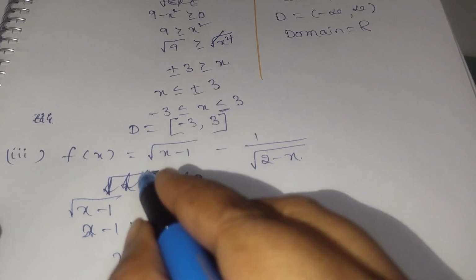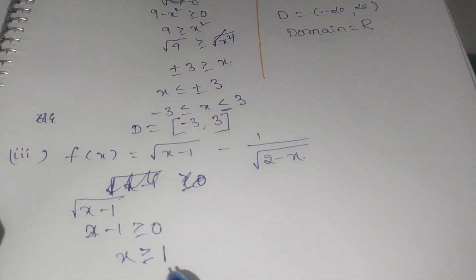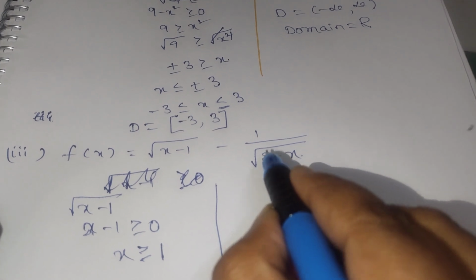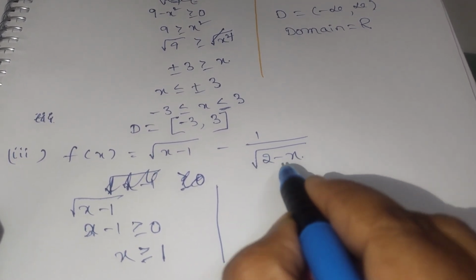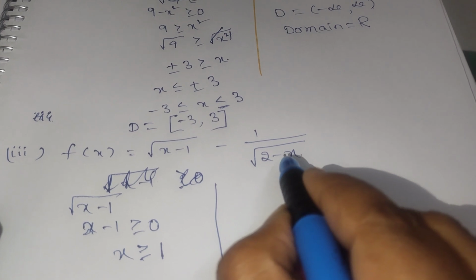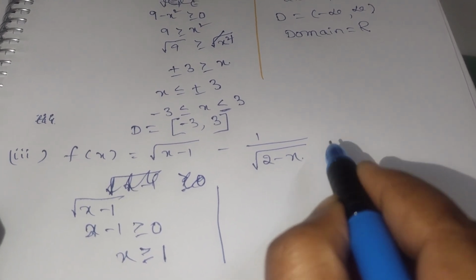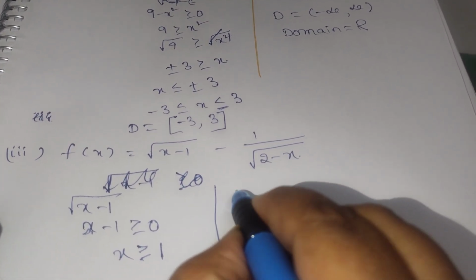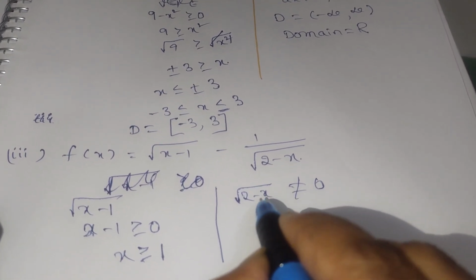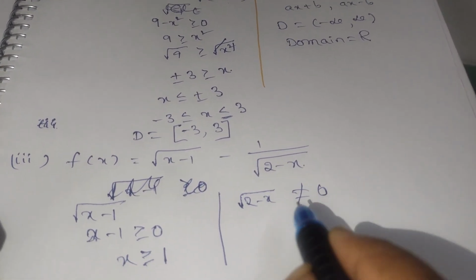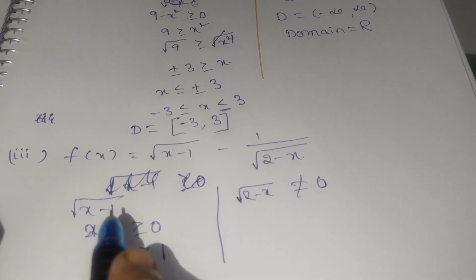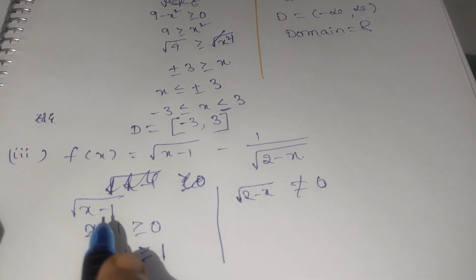So I got the first term's values, it is greater than or equal to 1. Go for the next term. The next term is 1 by square root of 2 minus x, meaning the square root is in the denominator. Meaning the denominator is always not equal to 0. So what is the denominator? The square root of 2 minus x, not equal to 0. So root means not negatives. So under the root we are not getting negative values.